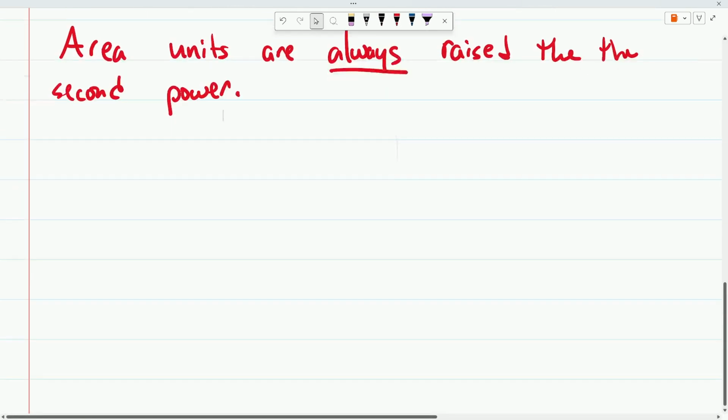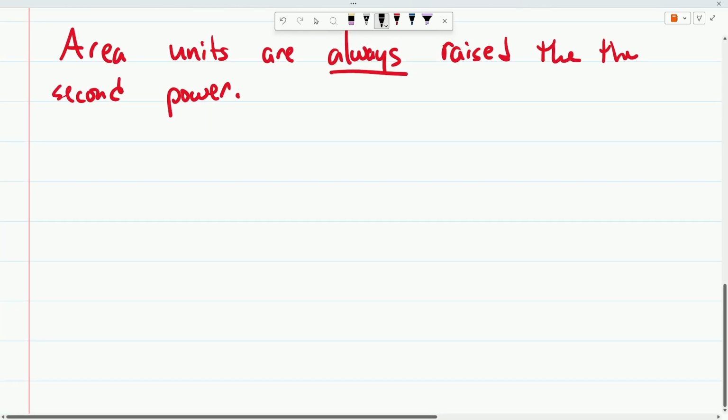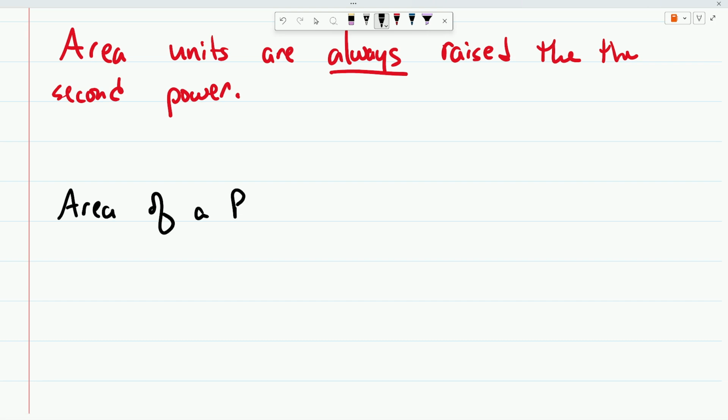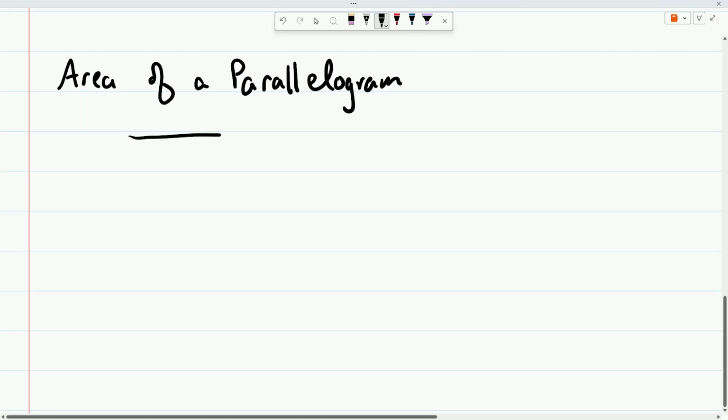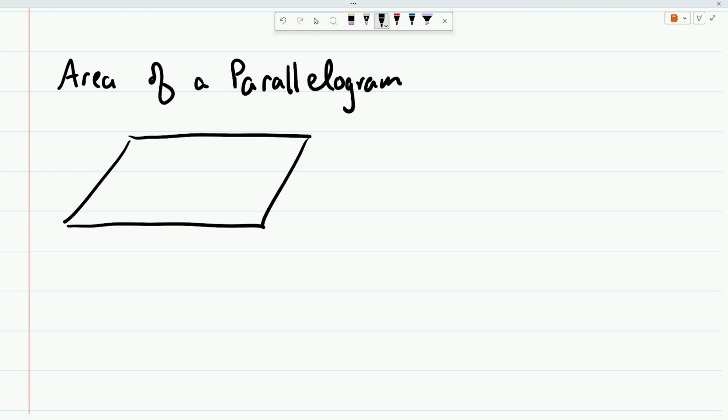The next formula we're going to learn would be the area of a parallelogram. So let me just write this out real fast. And a parallelogram looks like this. All right, it's a very special quadrilateral where it kind of looks like a rectangle that's being pushed.